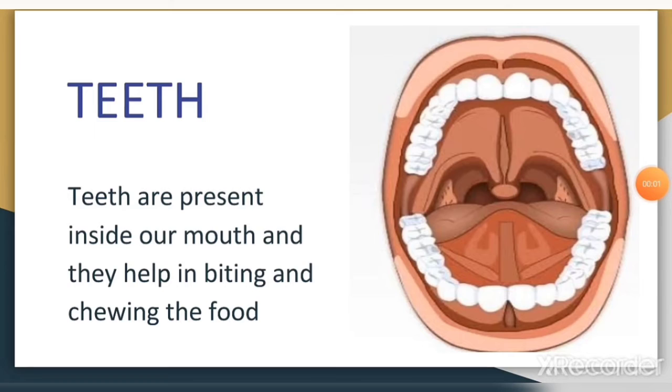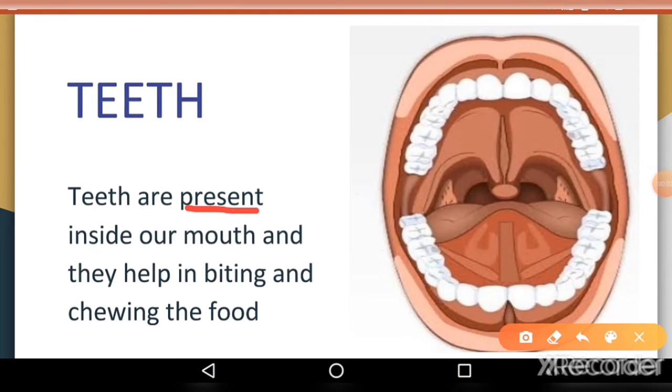Teeth are present inside our mouth and they help in biting and chewing the food. Unlike a python, humans cannot swallow food in one big gulp. Food must be broken down into smaller pieces before it can be swallowed.